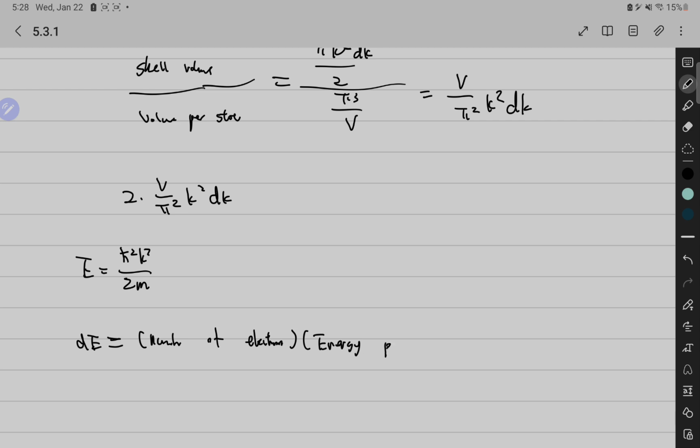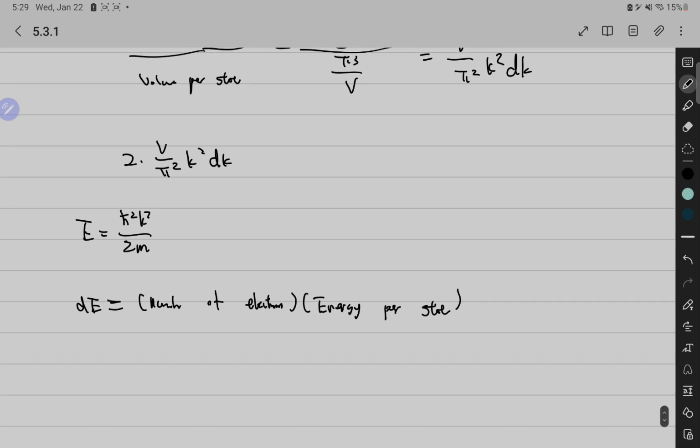Because we're trying to calculate the total energy of all the electrons in the shell. It's going to be how many electrons you have and how much energy each electron or each state carries, because the states can contain 2 electrons. So the total energy of all the electrons in the shell is the number of electrons times the energy per state.